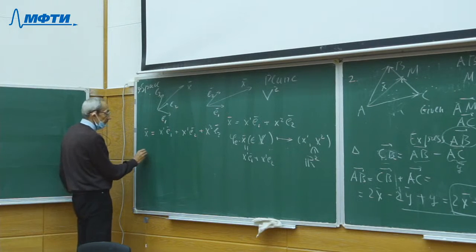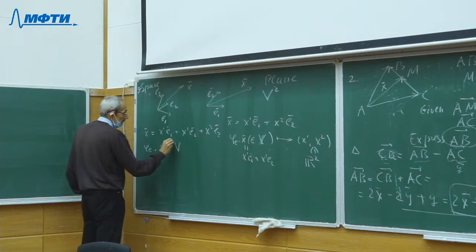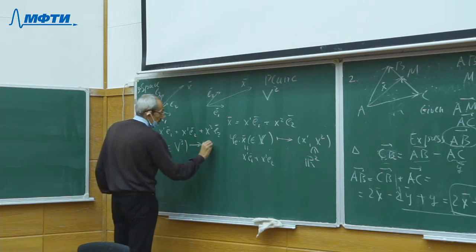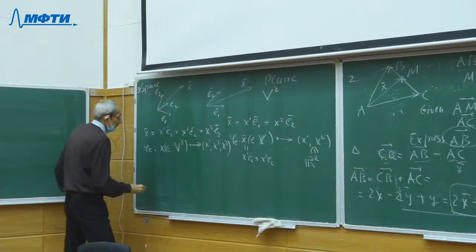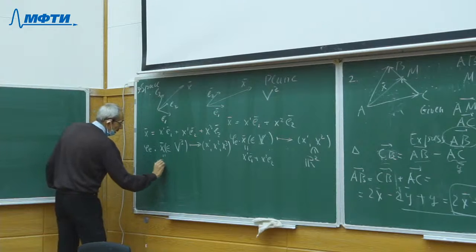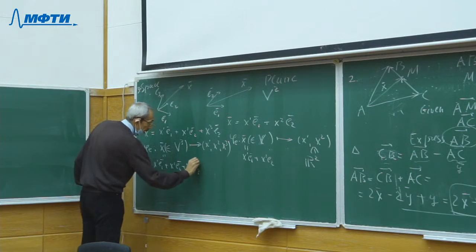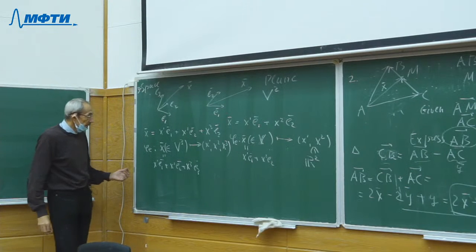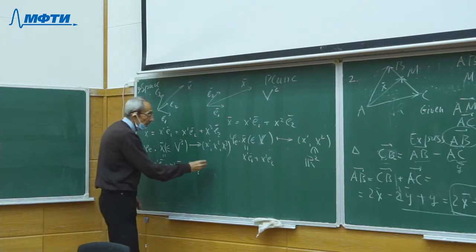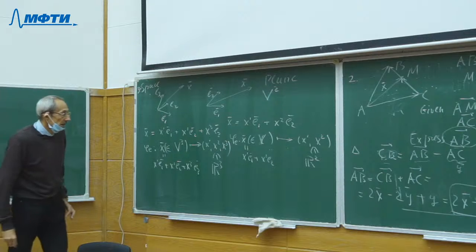We also have the same correspondence between geometrical vectors of space and triples of real numbers, such that the vector x is a linear combination of basis vectors with coordinates x1, x2, and x3, and we assign to this vector the coefficients of this combination, and this triple is an element of the arithmetical vector space R3.